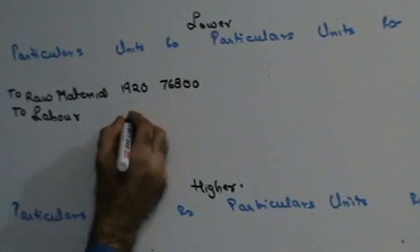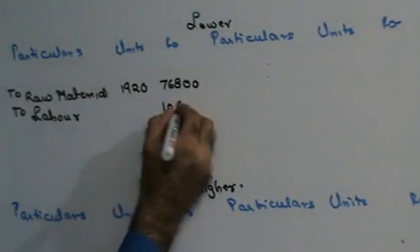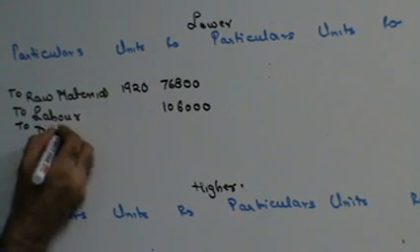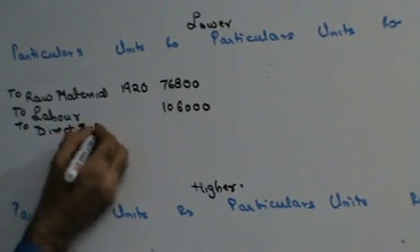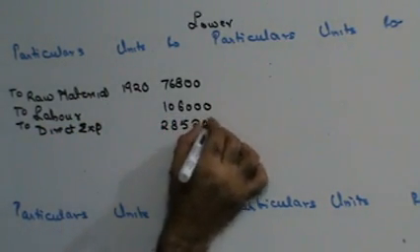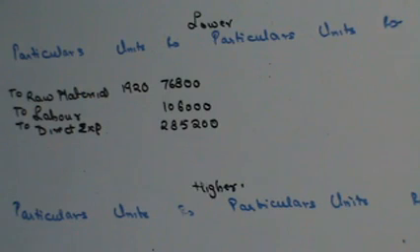Labor is going to be 1,06,000. Then you have direct expenses. Direct expenses is 2,85,200.